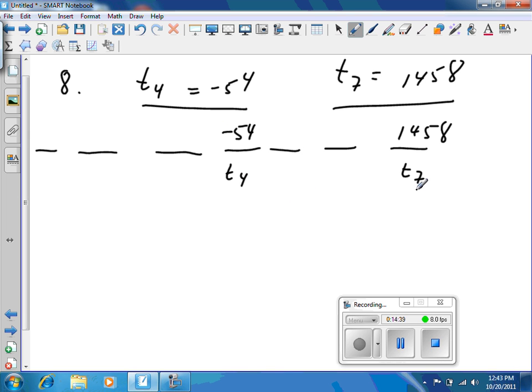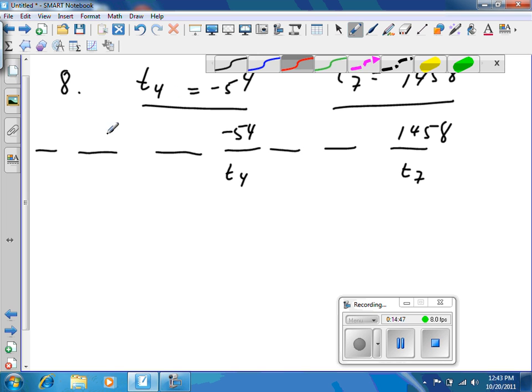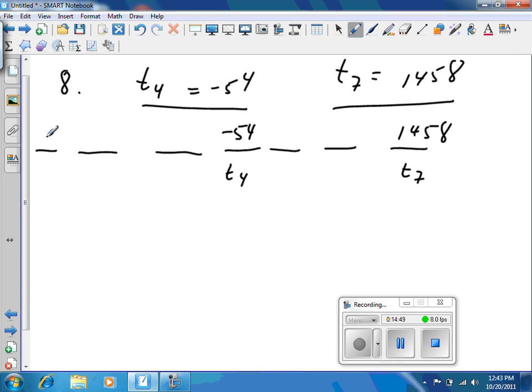But we also bring something else to the table: we know the formula for the geometric sequence. This is A times R, this is A times R squared, so what's this one? A times R cubed. And what's this one?